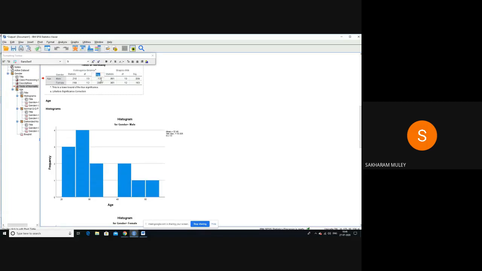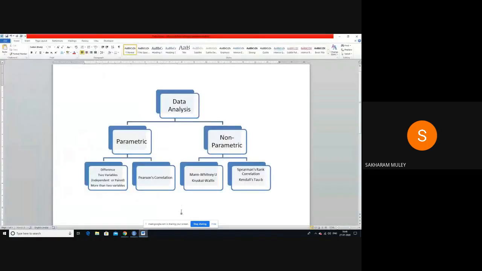So our testing procedure is, if the p-value is less than 0.05, then we reject the null hypothesis.